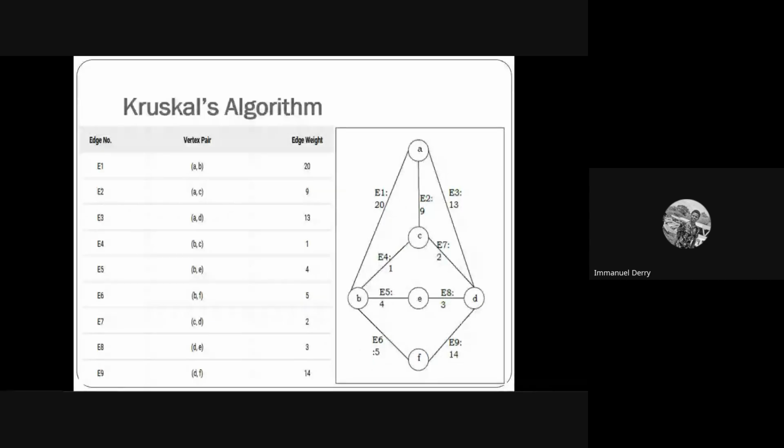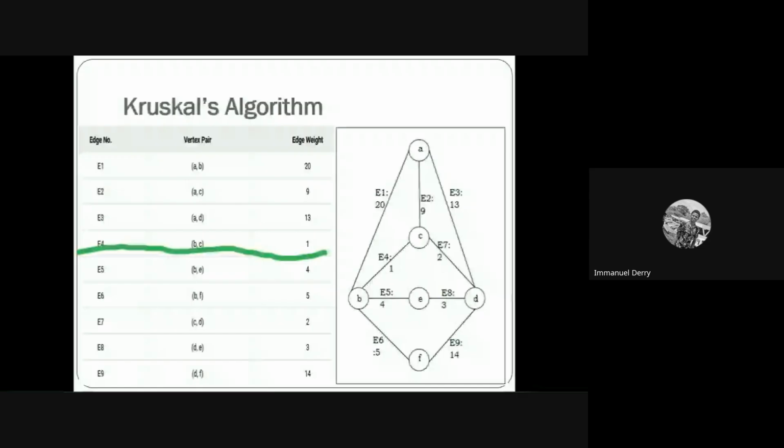Now this is how it really works. This is the edge number, and this is the vertex pair AB. Edge number, this is the vertex pair AC, and this happens to be the weight. So this is how it's going to be stored in the computing system, and then it will pick one of the edges, the least one. In this scenario, it is going to pick the least edge, which is E4, and then try to form the minimum spanning tree.